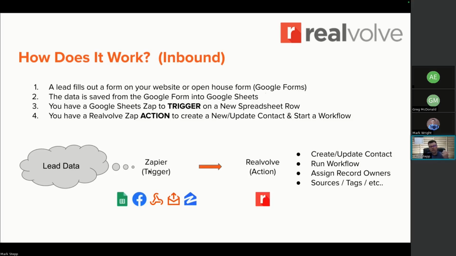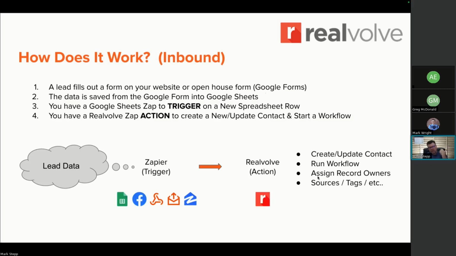In this case, we're going to use that as a trigger and then take the data collected from that form and send it into Realvolve as the action. So we've got the trigger and we've got the action. Then basically it can either create or update a contact record. It can run workflows.